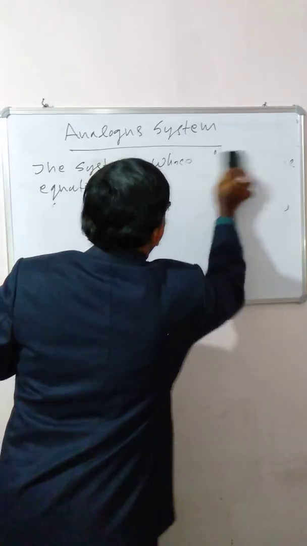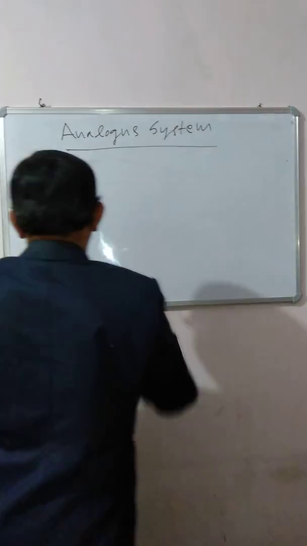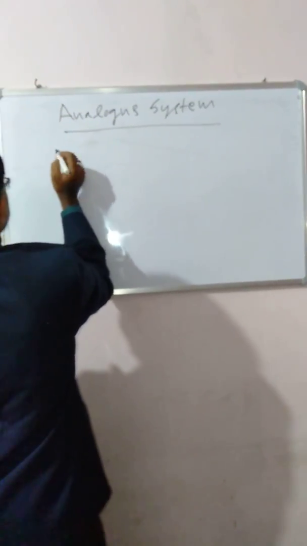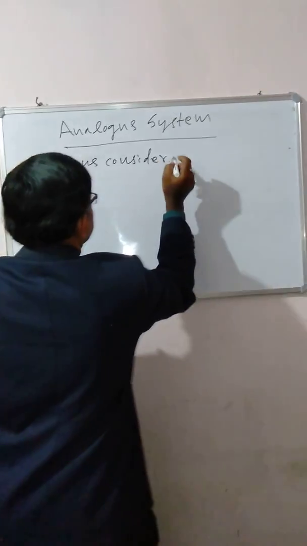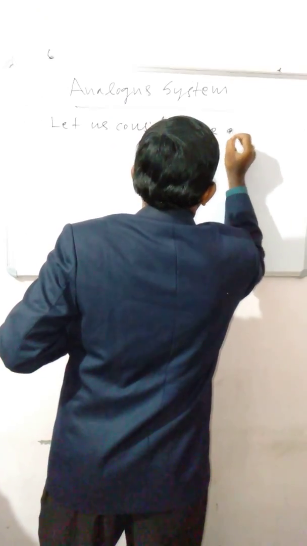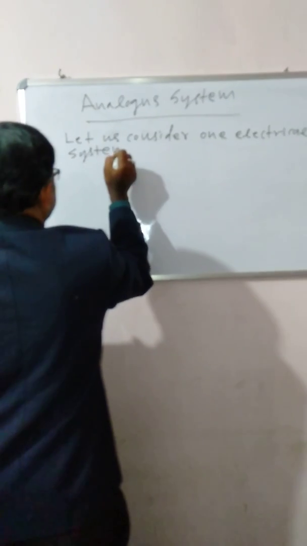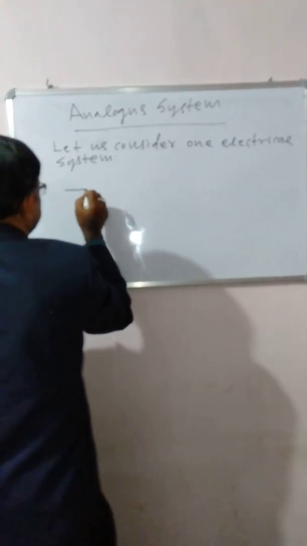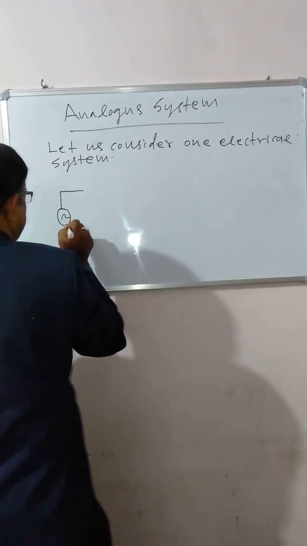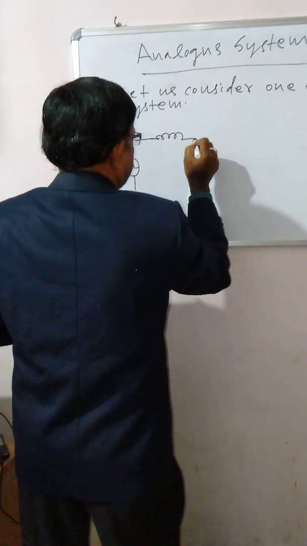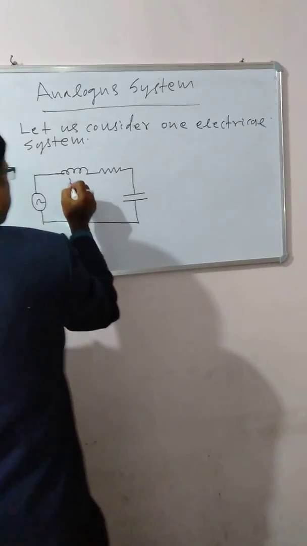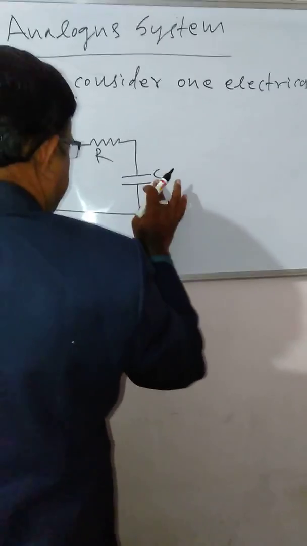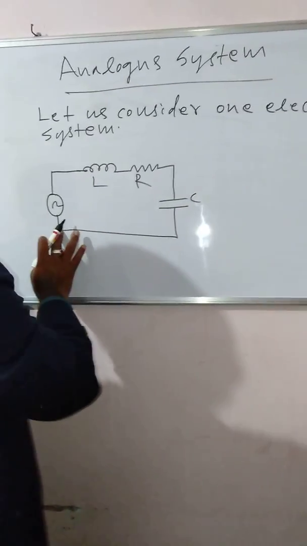Let us take a simple example of an analogous system, that is an electrical system. Let us consider an LRC series circuit.